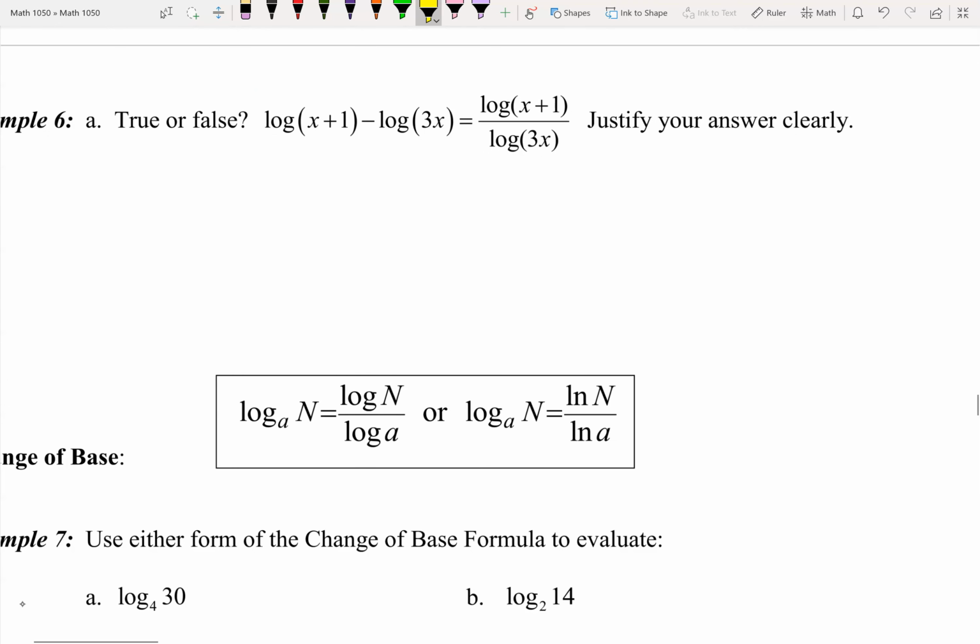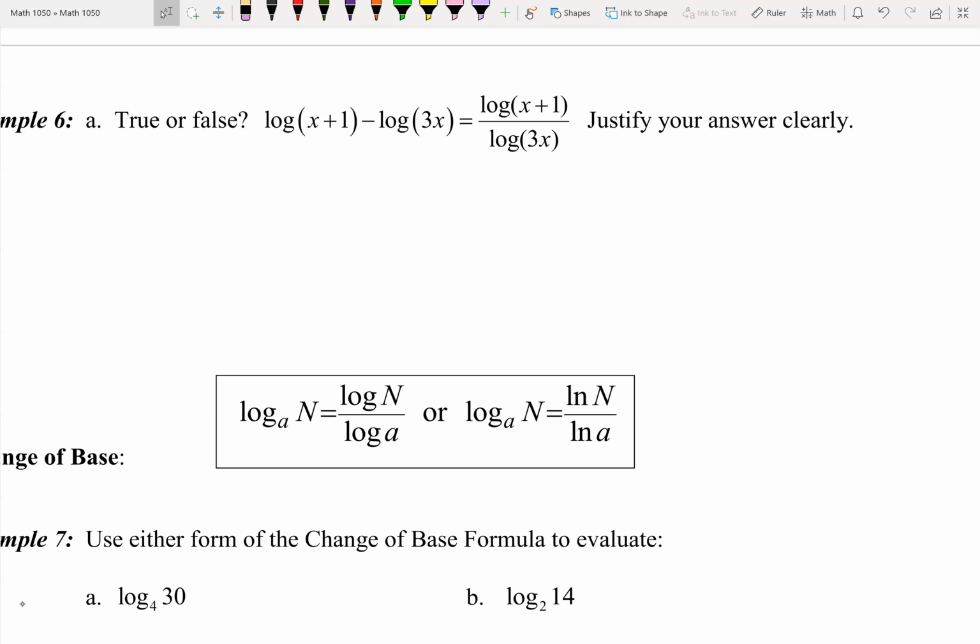Okay, true or false. Is that equal to that? Well, I can see what they did. They knew the negative meant divide. They divided on the right, but what did they do wrong on the right? They wrote log twice, right?